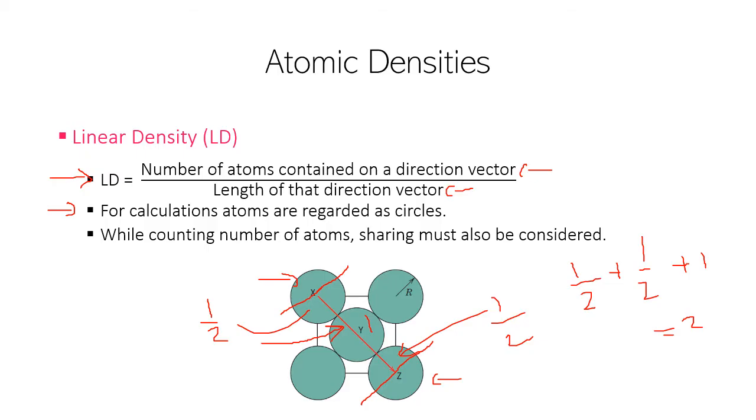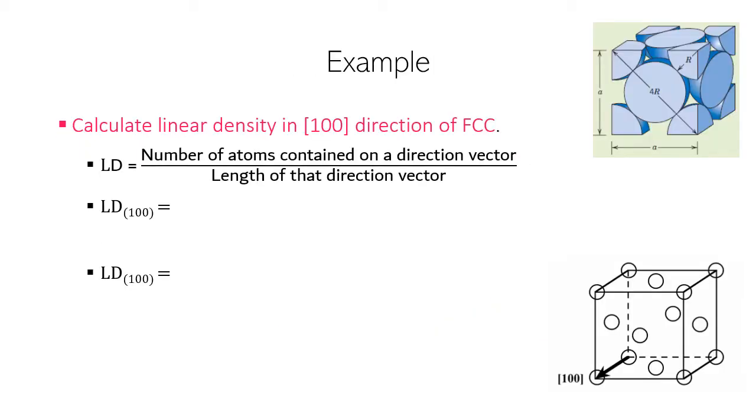Then let us calculate linear density in the 100 direction of the FCC unit cell. The 100 direction inside the FCC unit cell is shown in this picture. Now we need to calculate the numerator, which is the number of atoms contained on a direction vector.